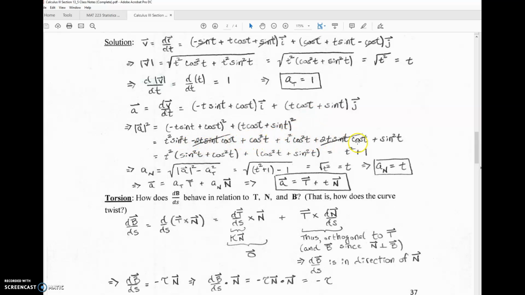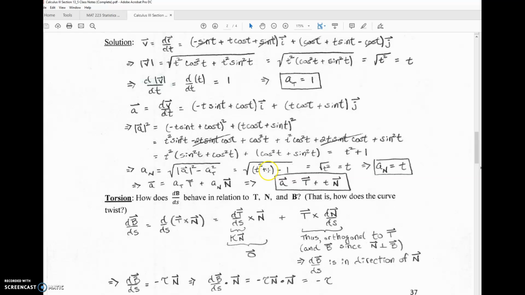I can see that some things cancel. I just FOIL each of these, and you can look at the details and see that. We end up with t squared times sine squared plus cosine squared t, which comes out to 1, and then this is 1. So I get t squared times 1 plus 1, or just t squared plus 1. So that is the magnitude of acceleration squared. The normal component is then that minus a sub t squared, which is just 1 squared, or 1.